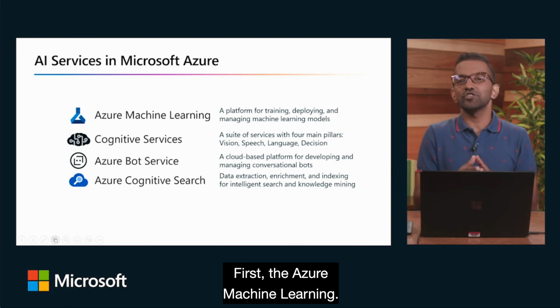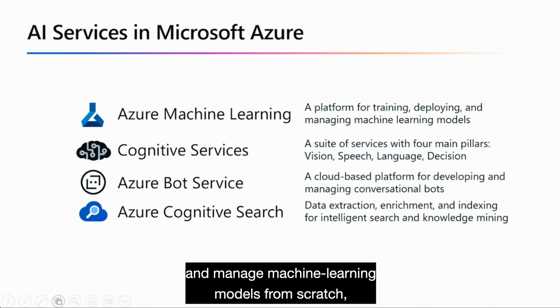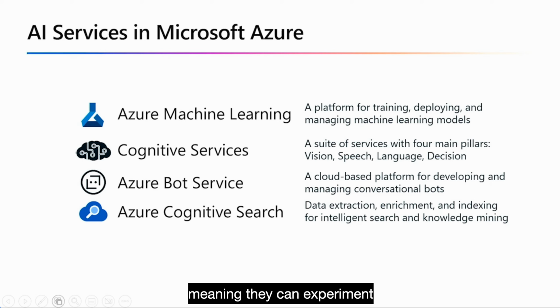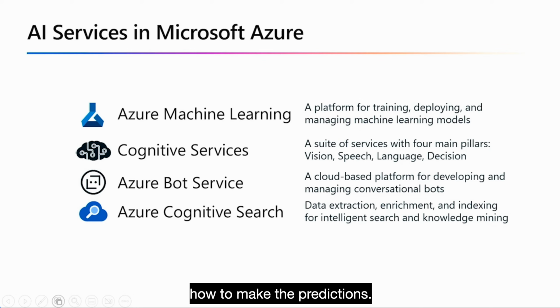First, the Azure Machine Learning. Azure Machine Learning is designed for developers to train, test, deploy, and manage machine learning models from scratch, meaning they can experiment with data to make predictions. They can work starting from a data set and manipulate it to generate insight and predictions from that data with full autonomy on what type of model to use, how to make the predictions.